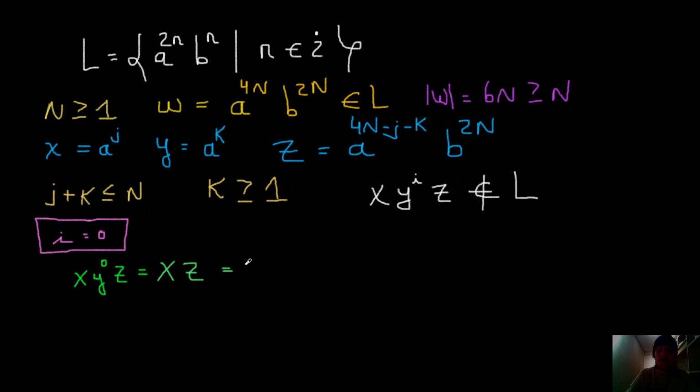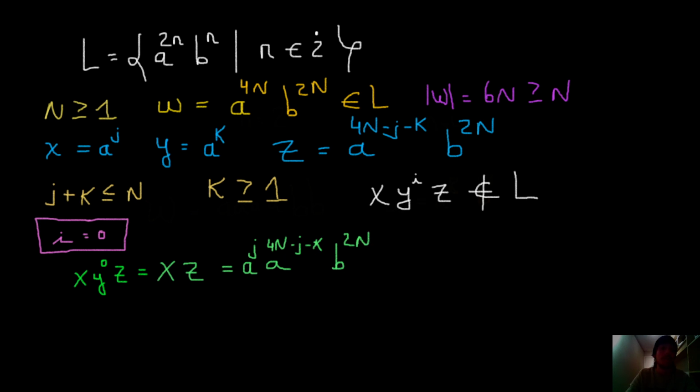So what is x? Well, we can see that the value x is a raised to j. What is z? Well, z is a raised to 4n minus j minus k concatenated with b raised to 2 times n. So this is the value z, this is the value x, right?